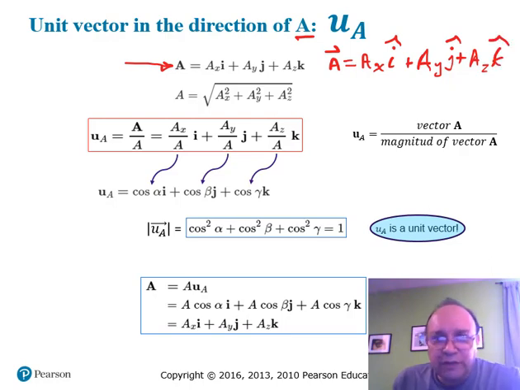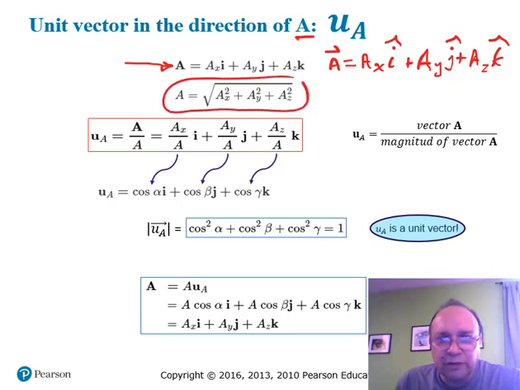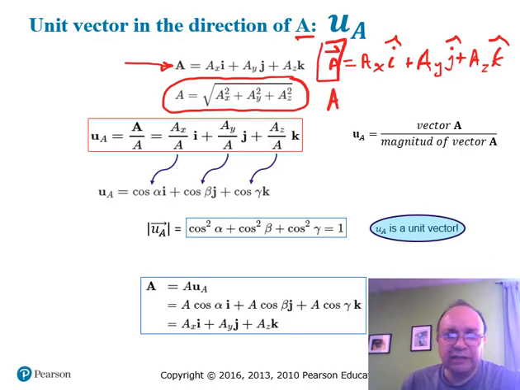The magnitude of this vector A, as we saw a couple of slides before, is the square root of the components squared. So this vector has a magnitude A without the hat.